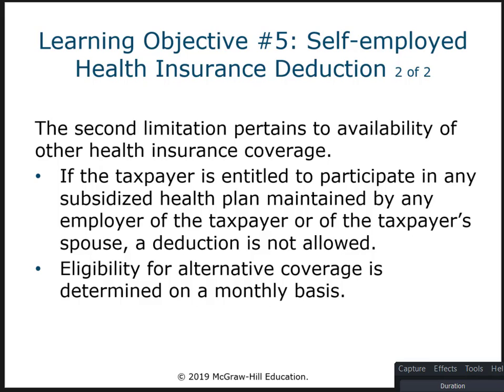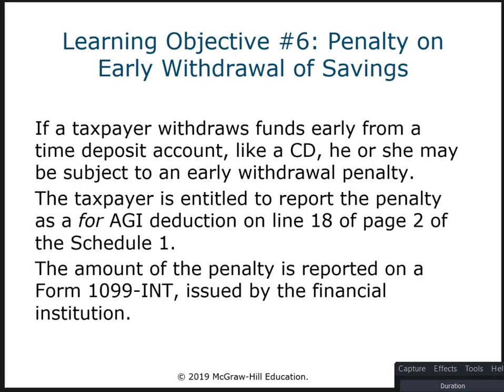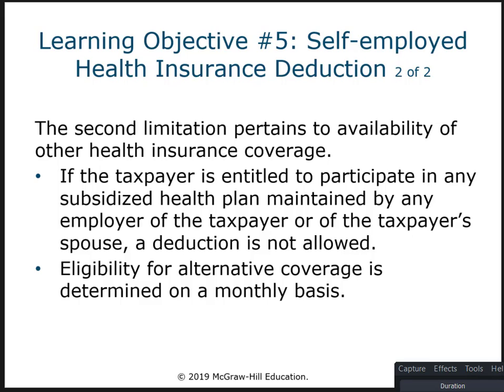So if you were eligible because you worked someplace for 7 months, and then you weren't because you lost your job, you could only take the self-employment insurance deduction for the 5 months that you didn't have another alternative. And this applies to your spouse as well. Important.